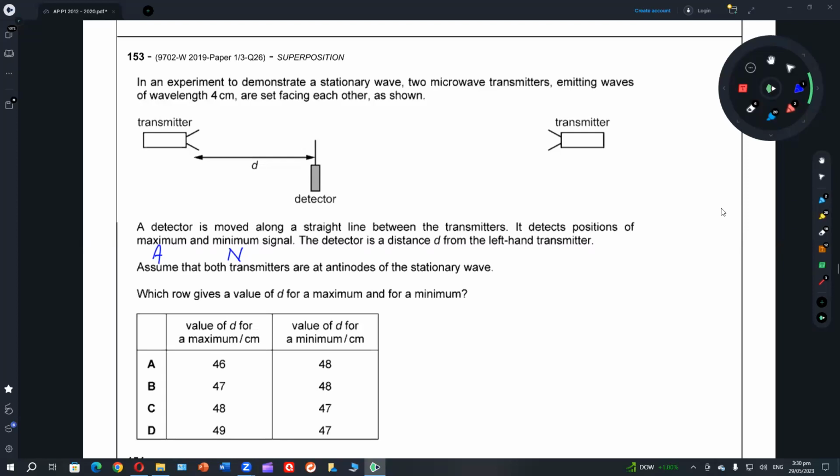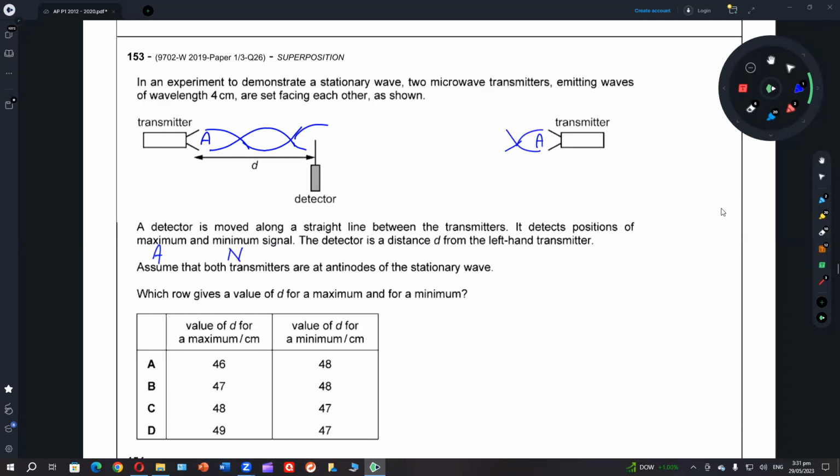He has given us lambda as 4. It's not easy to draw the whole thing, and it doesn't look to be needed.